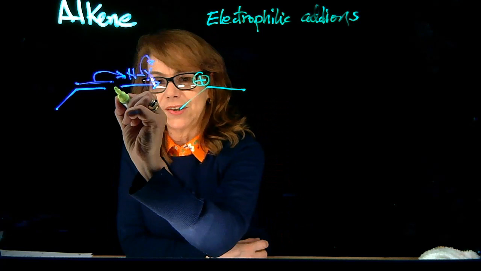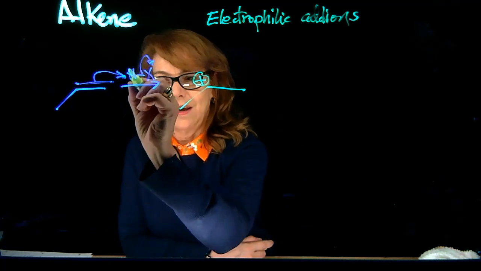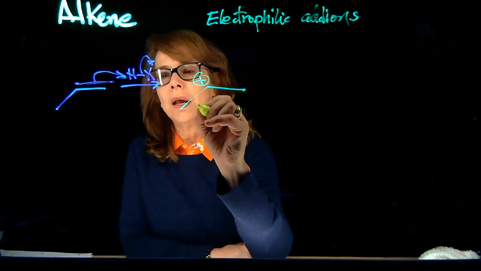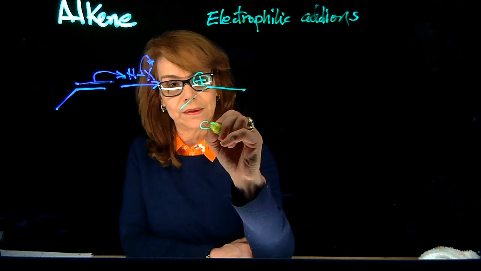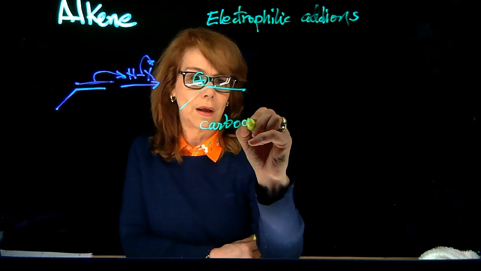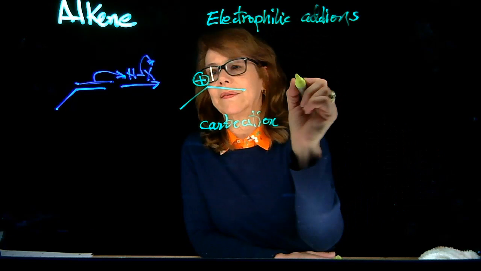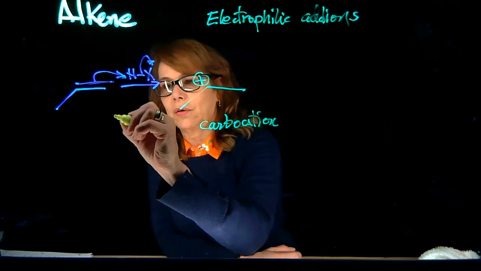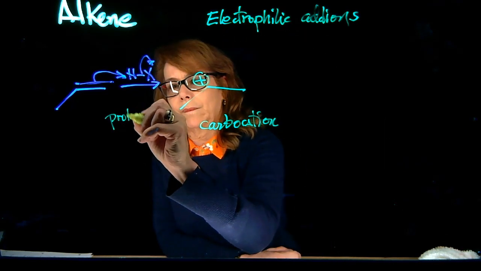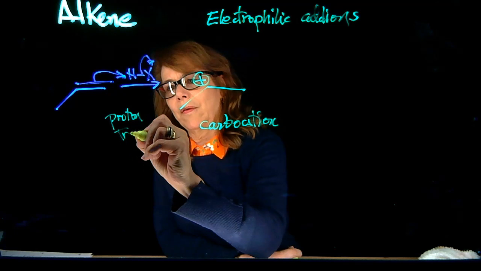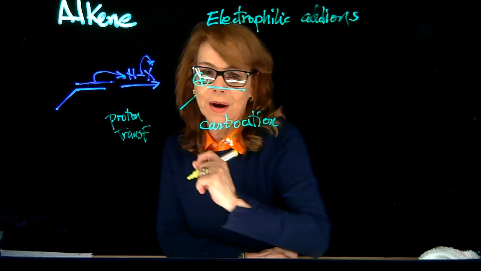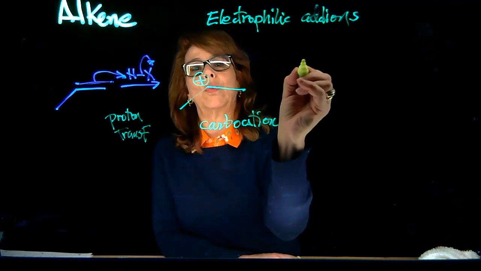I'm going to add an H here using those electrons, making that new bond, and I am forming an intermediate called a carbocation. The first step we're going to call a proton transfer.